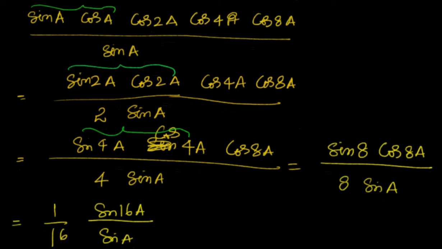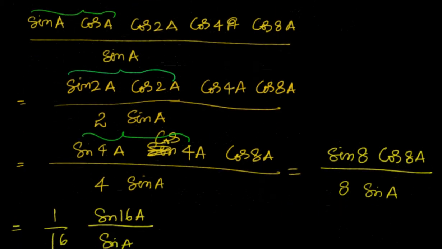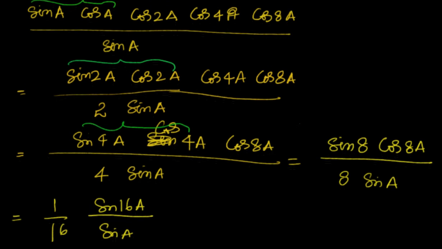So that's what you will be getting at the bottom. Let me repeat that again. We have multiplied and divided by sin a. Then we see that this becomes half sin 2a. Next time it becomes half sin 4a, next half sin 8a, next half sin 16a. And if we simplify that, that's nothing but 1 by 16 into sin 16a by sin a.